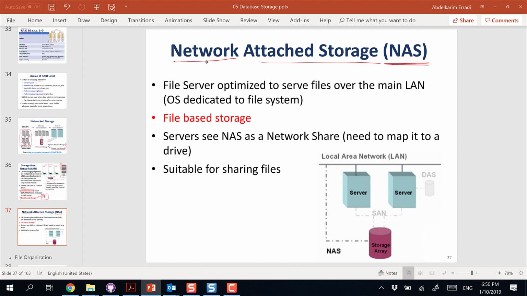Either they are running on a RAID or running on a dedicated SAN box, and that SAN box is linked to the servers using a high-speed network. Is that clear? At least it gives you some awareness. Being aware of these technologies is very, very important.